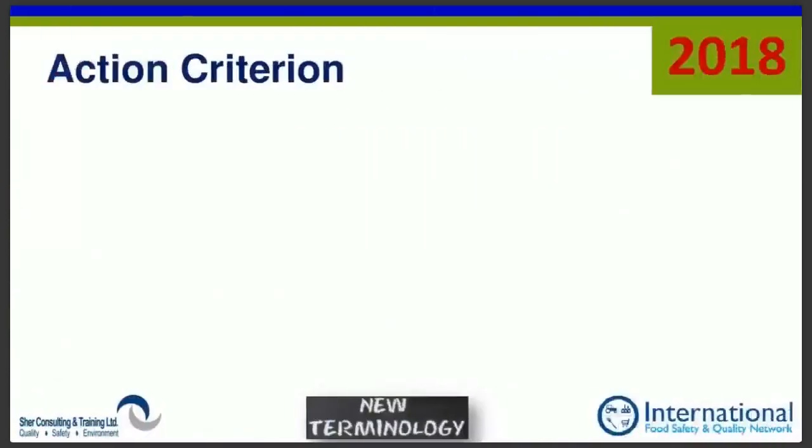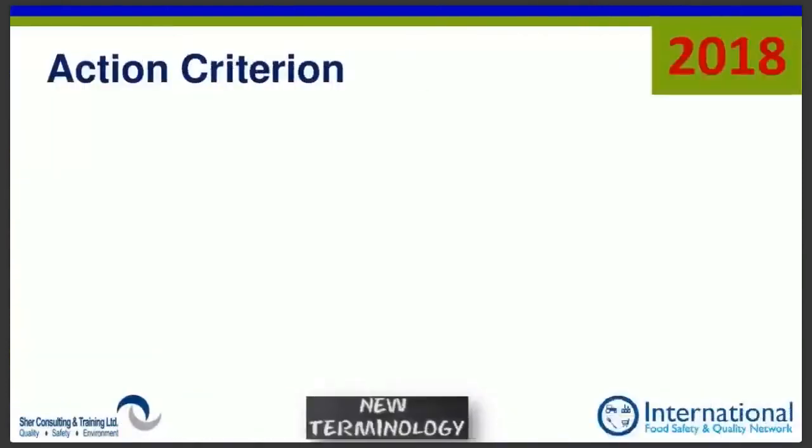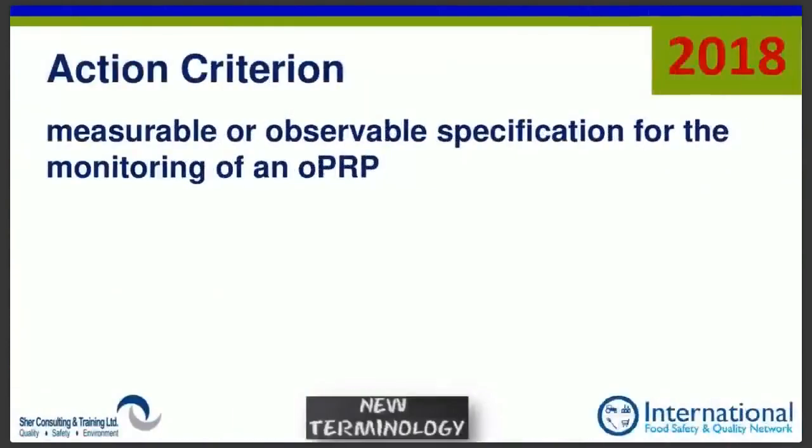Oh, sorry, I owe you an explanation for this. This new term, action criterion, has been introduced in 2018. It replaces the critical limit for OPRPs. Because OPRPs don't necessarily have a measurement, they get an action criterion. It's a new term. It's the same thing as a critical limit. It means a measurable or observable specification for the monitoring of an OPRP.